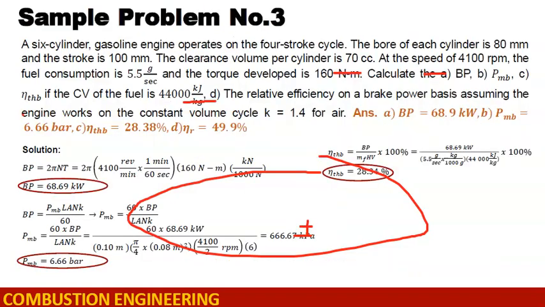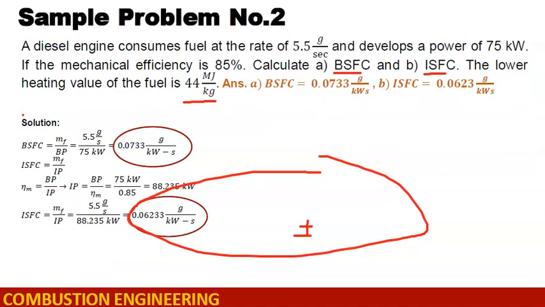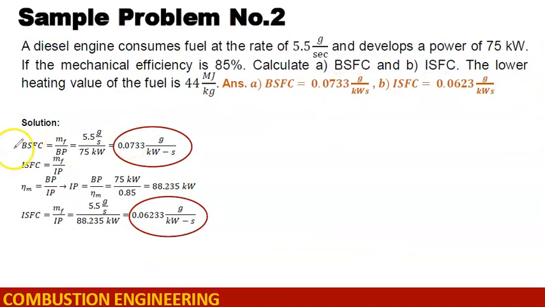So going back to our problem, our BSFC is mass of the fuel divided by BP. The mass of the fuel is given, the fuel consumption, and the BP is also given. So we can solve for BSFC.